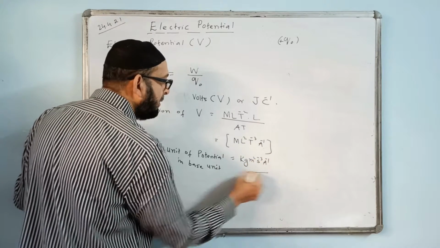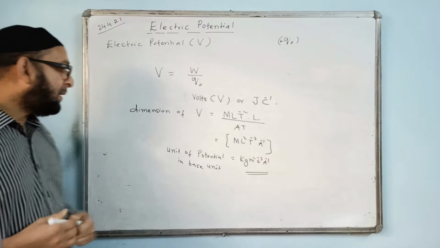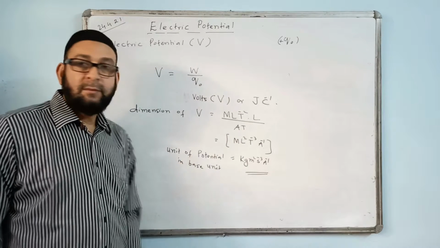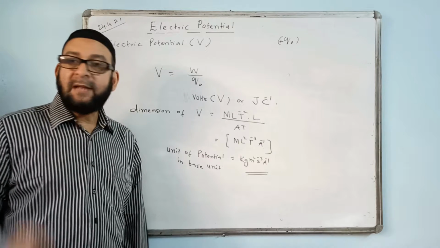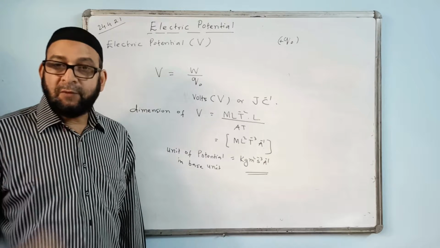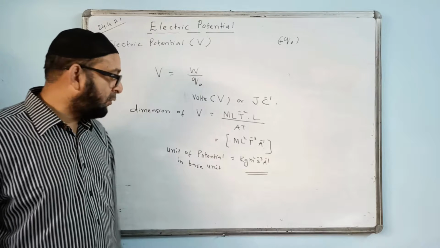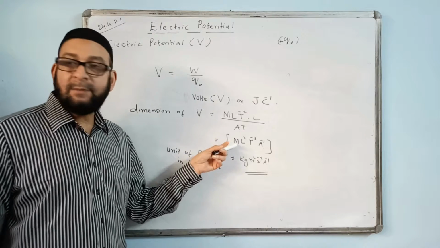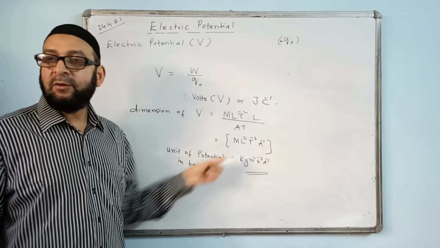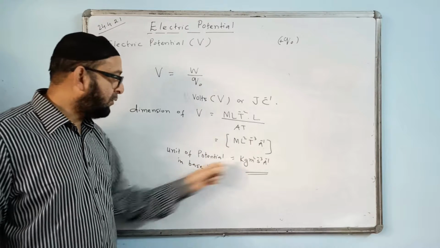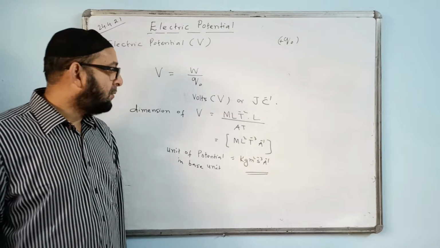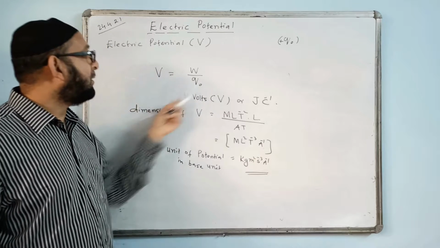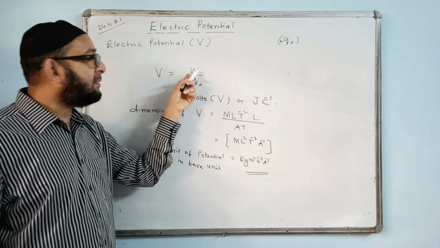You can write like this. One year in ISC, they had given this question. They were asking you to give the unit of electric potential in terms of the base unit. So first you write the dimension, and after that you can change this into the base unit.